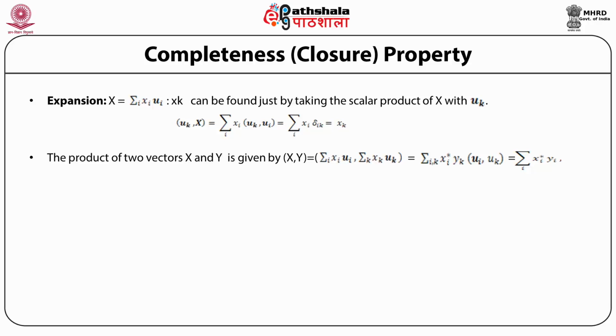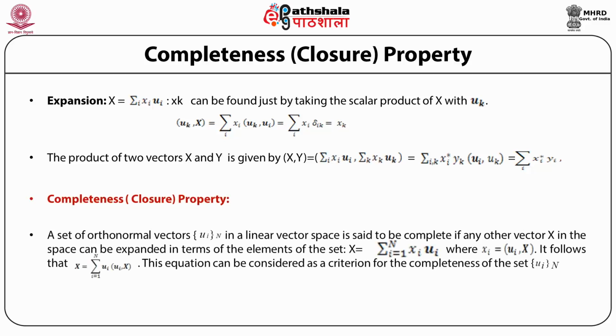Then we come on to the completeness or the closure property. A set of orthonormal vectors ui, i = 1 to n, in a linear vector space is said to be complete if any other vector capital X in the space can be expanded in terms of the elements of the set.